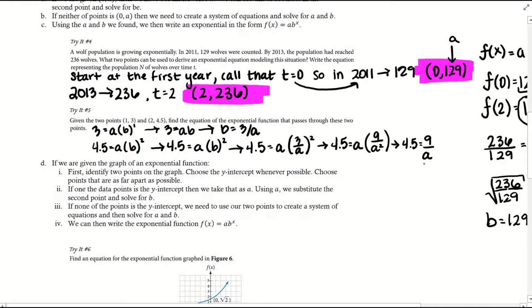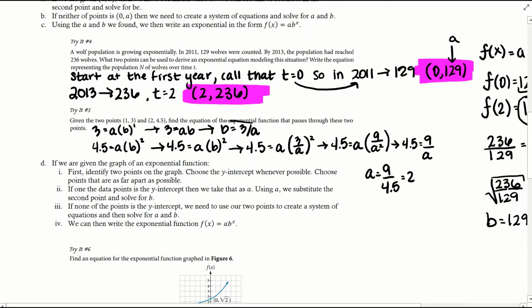And to solve for a, I'm going to multiply both sides by a to get that a on the 4.5 side, and then I would divide by 4.5 so that I can get a alone. So this gives me 2. So our a is equal to 2.